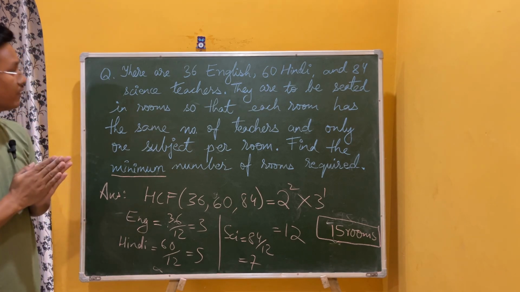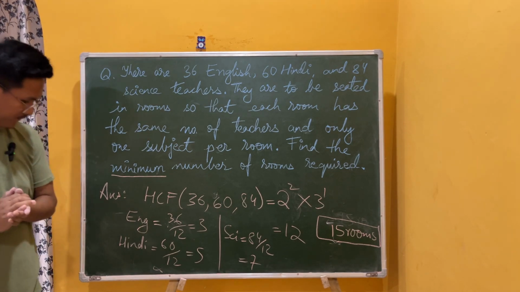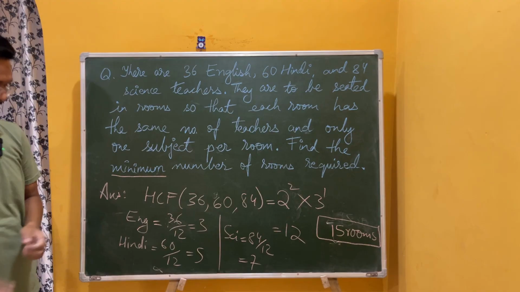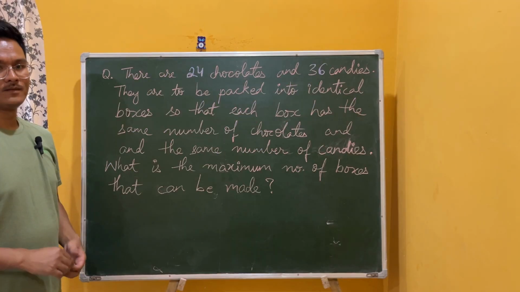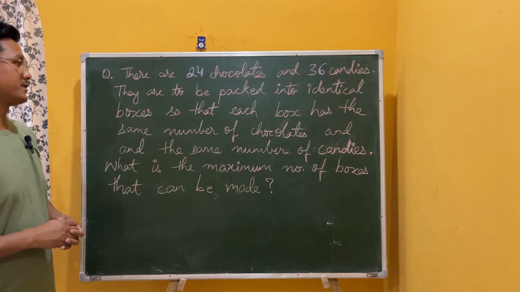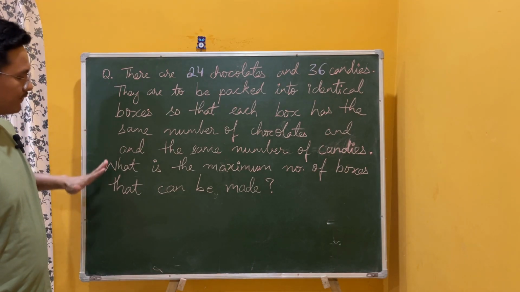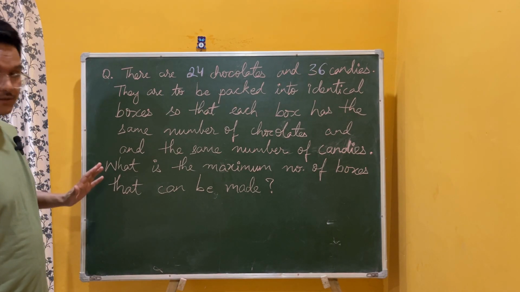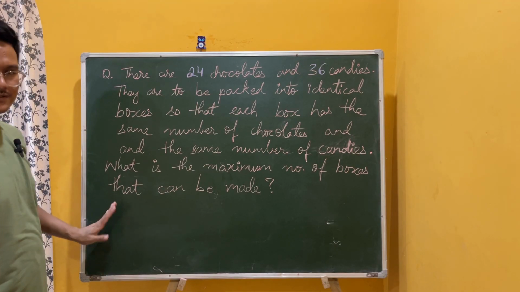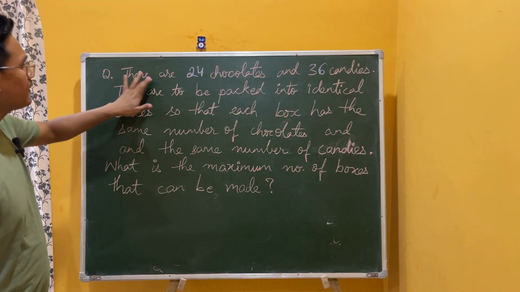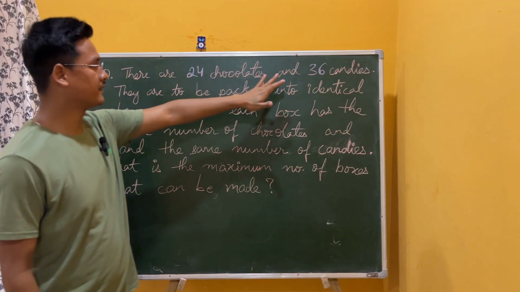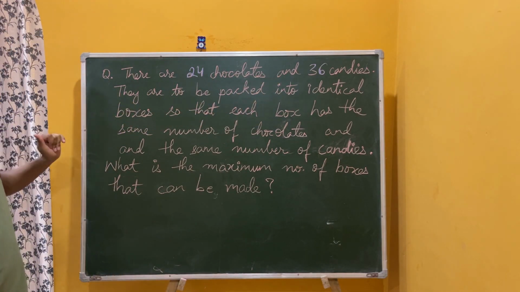Okay, now let's move on to another question. I hope you understood this one. So we have this third question, and this one's a little different, although the solution is easy. There are 24 chocolates and 36 candies.